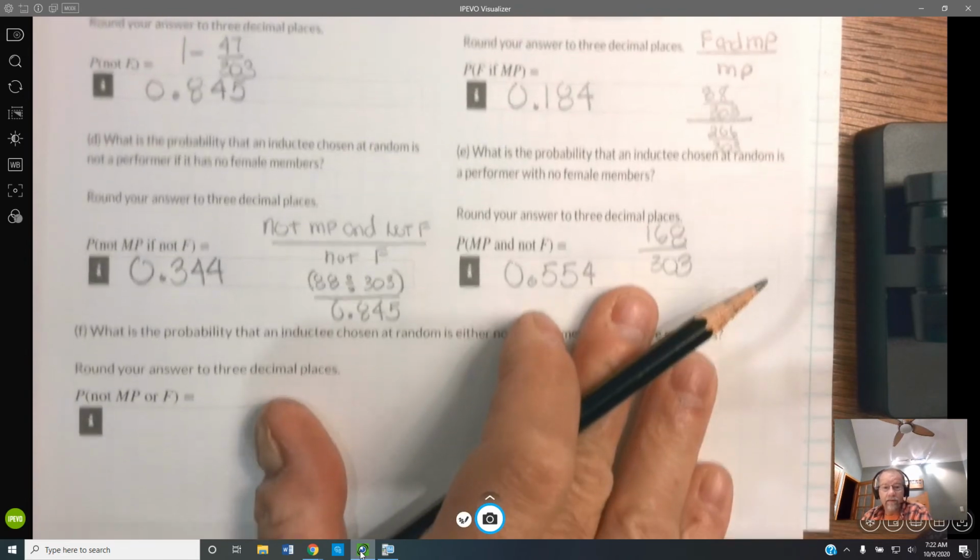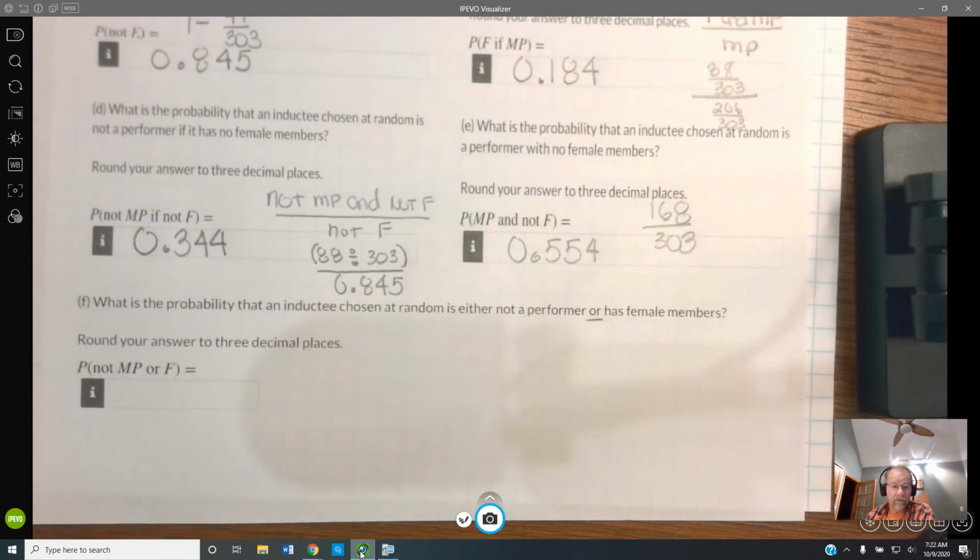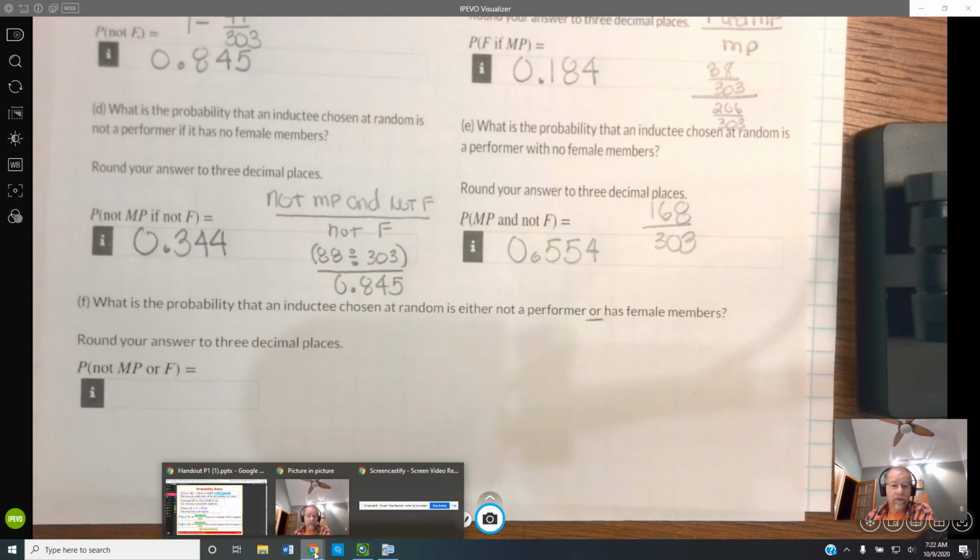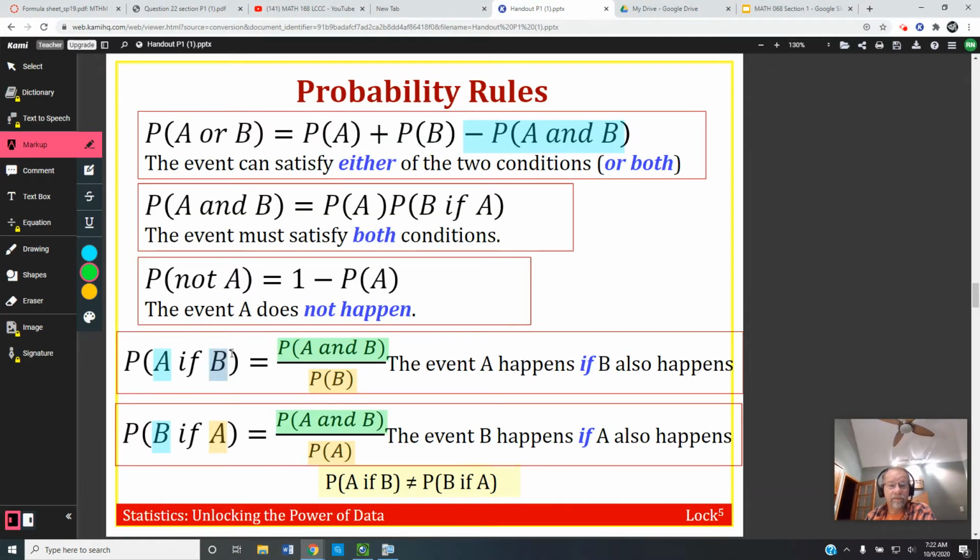The probability of 9 out of 303 is getting double counted. So how do we handle that? We use the formula. Of course we use the formula. I mean, seriously. We want the probability of A, plus the probability of B, minus the probability of A and B at the same time.